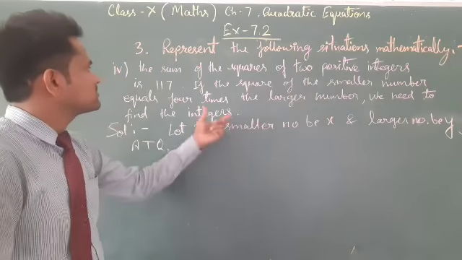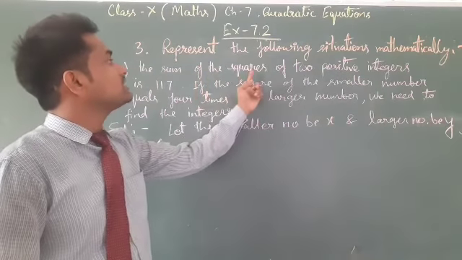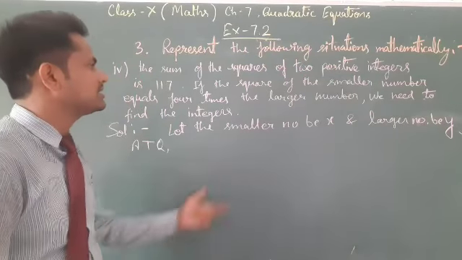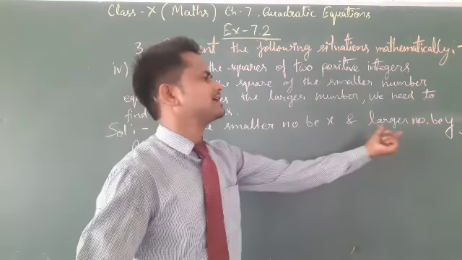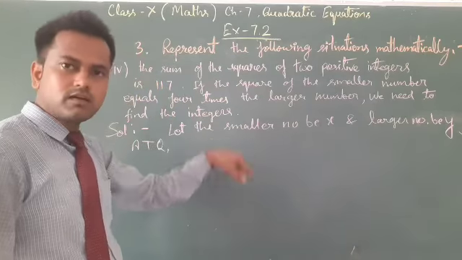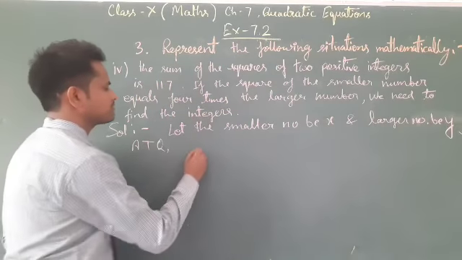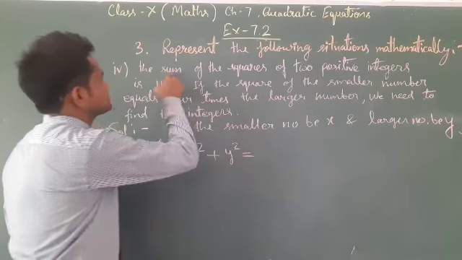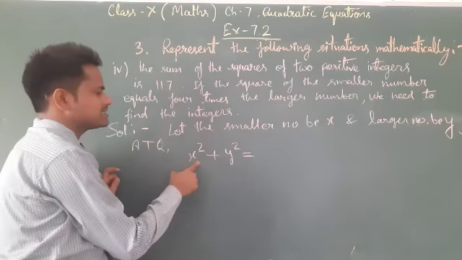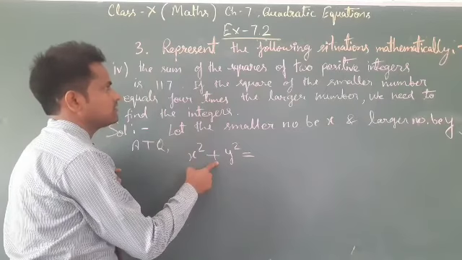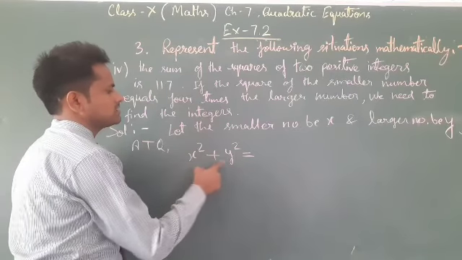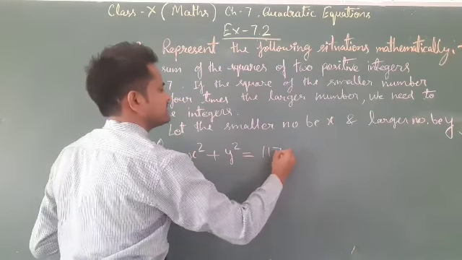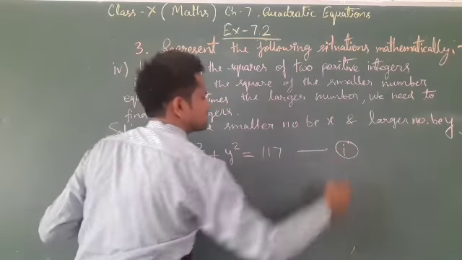So according to the question, the sum of the squares of the two positive integers, x and y, will be x square plus y square, which is equal to 170. Equation 1.